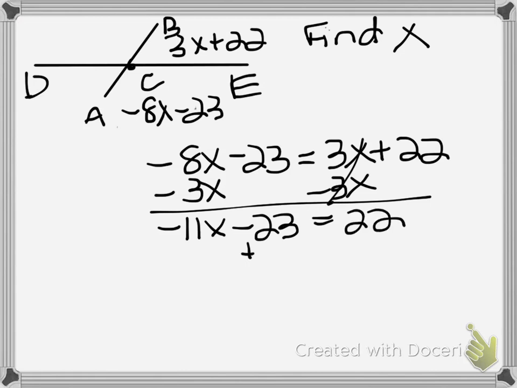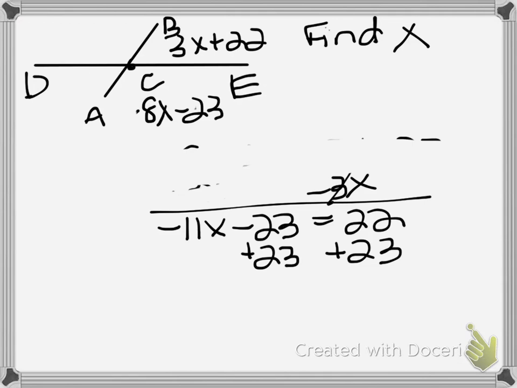We're going to add 23 to both sides. And hang on, something looks wrong on this problem. I see what it was. This wasn't supposed to be negative. Let's redo that equation. I am so sorry.